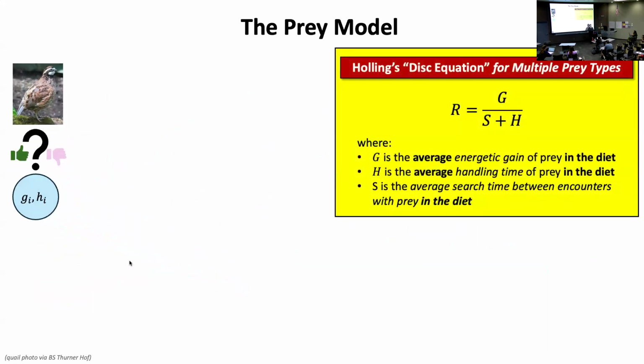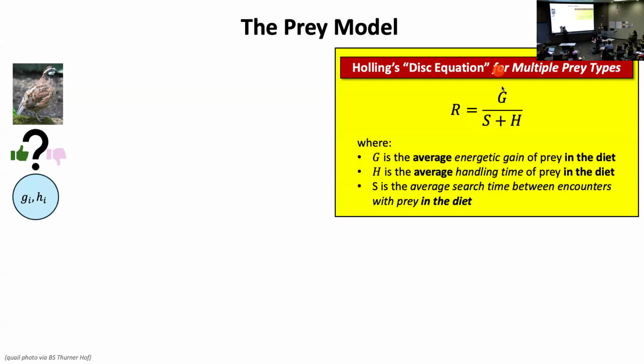Holling's disc equation is our fitness proxy that we've been using in this optimal foraging theory so far. I've generalized Holling's disc equation for multiple prey types here. Before, we had talked about it for one type of disc or one type of patch. Now we've got it for multiple types, but it's not going to matter that much; it's more that it exists that matters to us.